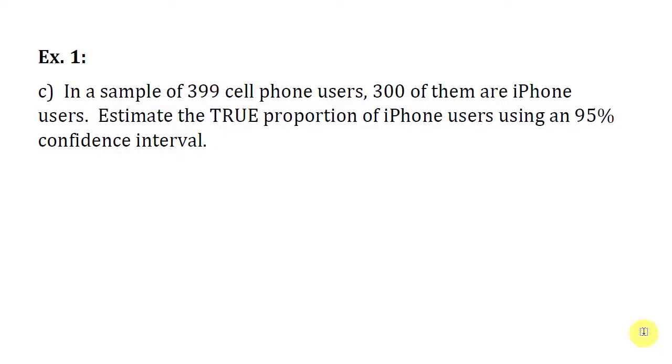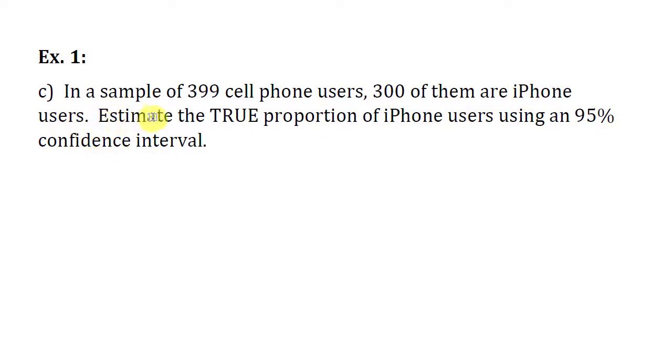All right, so now another question of example 1. After doing this skill of finding a confidence interval to estimate a population proportion repeatedly quite a few times, I am really going to pick up the pace here. In words, the question states that in a sample of 399 cell phone users, 300 of them are iPhone users.